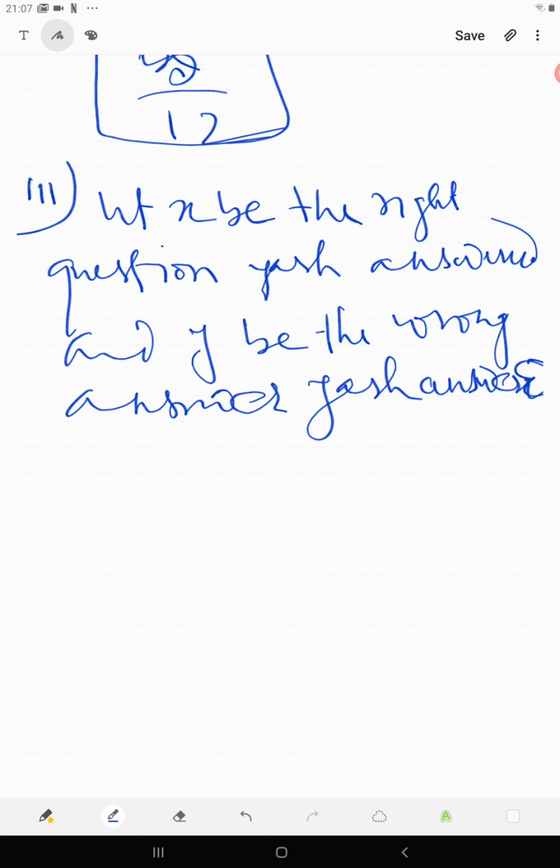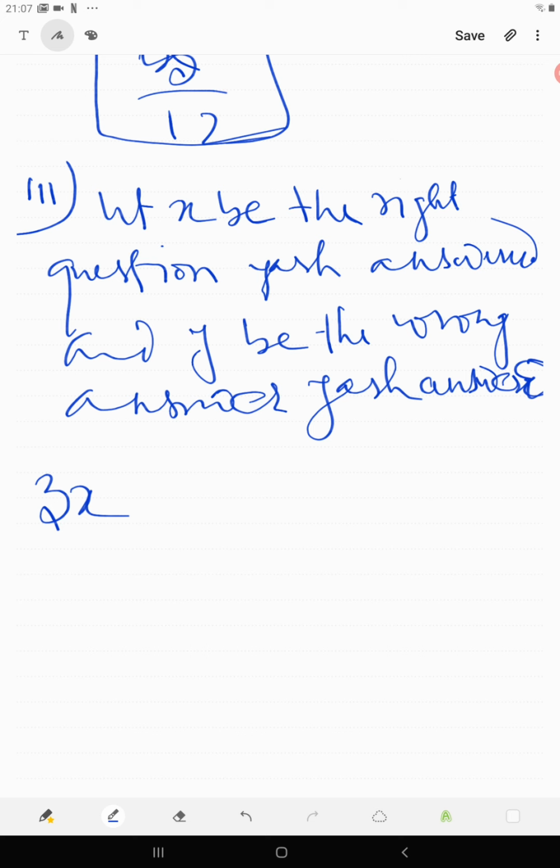Now for each right answer, if you see the first part, he is getting 3 marks. So how much should it be? 3x, because he answered x right questions and for each question he is getting 3 marks. Now he answered y questions wrongly and for each wrong answer 1 mark is deducted.